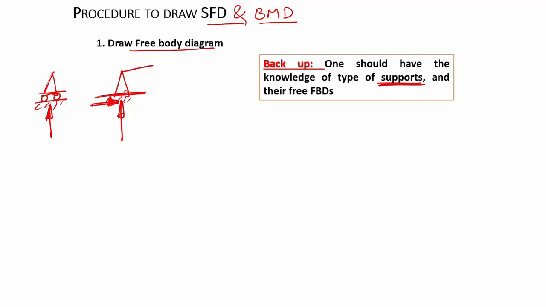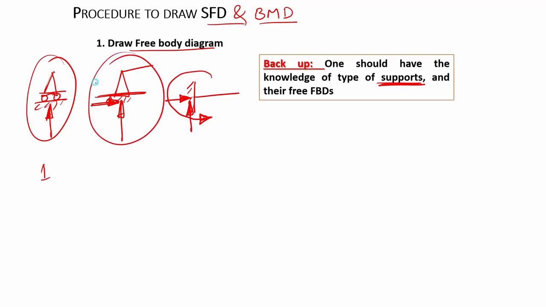Another is the fixed support, which has three reactions: one parallel to the surface, one perpendicular to the surface, and a moment also. Remember: roller support one reaction, hinge support two reactions, fixed support three reactions. This much basic knowledge you should know to draw the free body diagram for a beam.